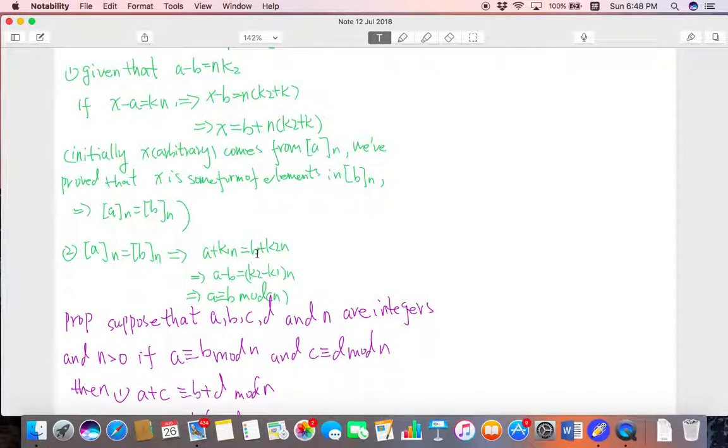And then you just rearrange the expression. You will get exactly what we want in the reverse direction, from right to left: A is congruent to B modulo n. And we have then completed the proof.